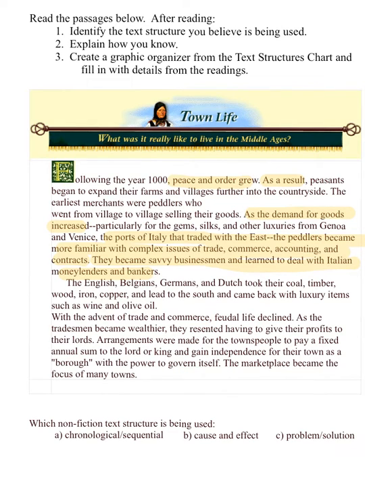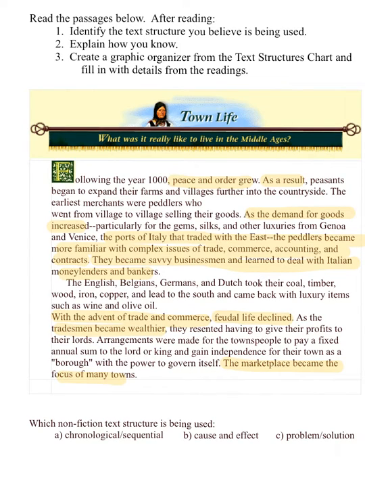So these particular countries took their materials and then they were able to trade it for something that was a little bit more luxurious. With the advent of trade and commerce, the result is feudal life declined. Tradesmen became wealthier. The marketplace became the focus of many towns.